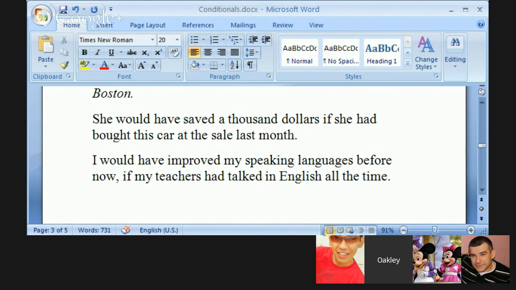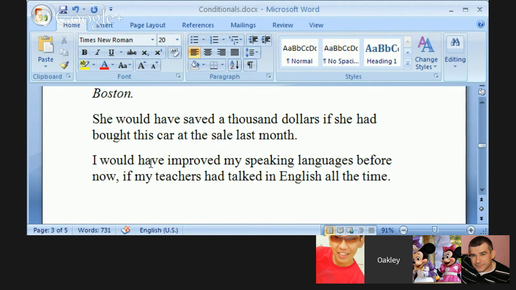Spoke in Spanish. Okay, I see. Well, it's really true, this sentence. It doesn't change the meaning much either: if my teachers had talked or taught, either way. But yeah, okay, I gotcha.